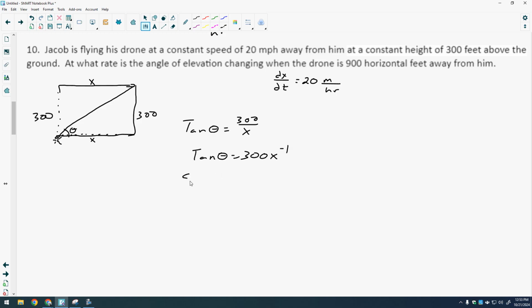The derivative of tangent is secant squared. The derivative of this mess, bring the 1 in front, makes it a negative 300. Decrease the exponent by 1, makes it a negative 2, times the derivative of the inside function, which I forgot to do over here.